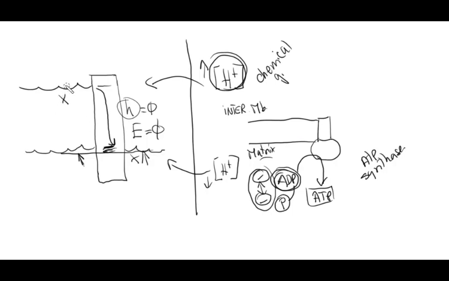Well, remember that water here flows from the highest point to the lowest point, right? So it follows the gradient, from the high part of the gradient to the low part of the gradient. And this way, we can generate electricity.